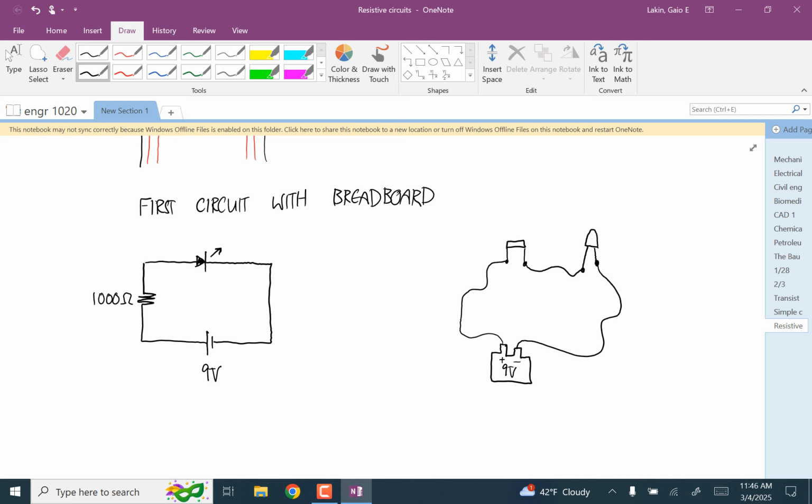Then I'll have a wire coming out of here. Does it have to be the same row? The same row, yep. Or if you're using the long ones, it can be all the way down that line.